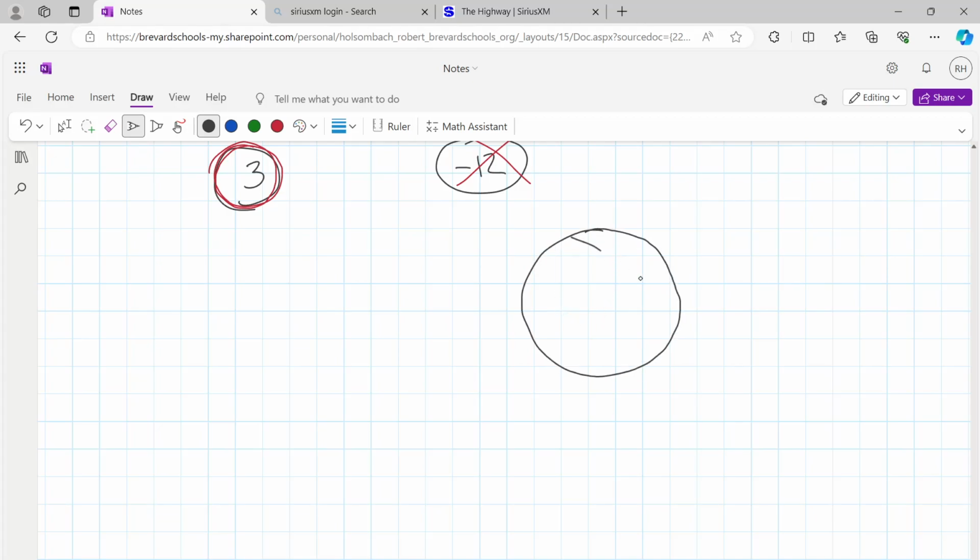And again, we've got the two secants intersecting outside the circle. We've got an interior piece that's 12 and an exterior piece that's 7. An interior piece that's x and an exterior piece that is 6.